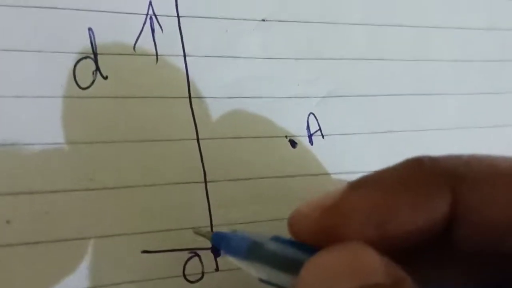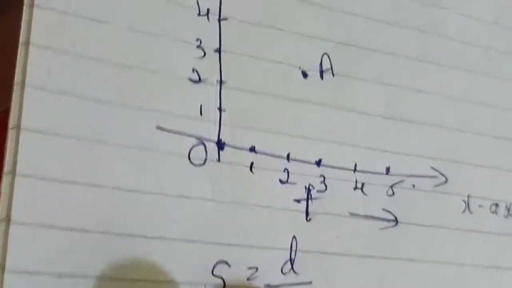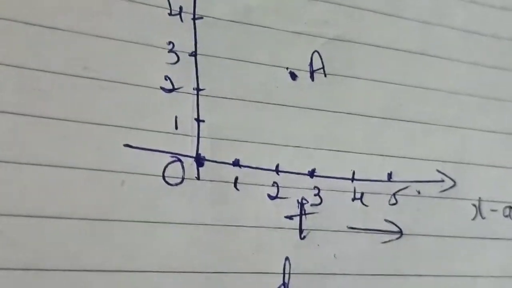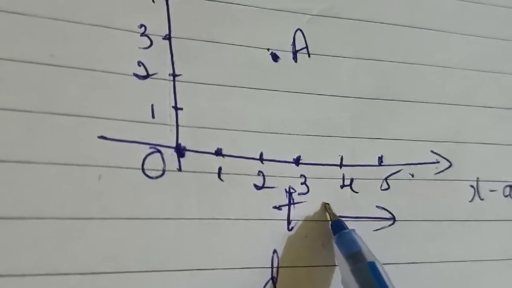Now mark here 1, 2, 3, 4, 5. This is distance in meters. The x-axis will give you the time, isn't it?